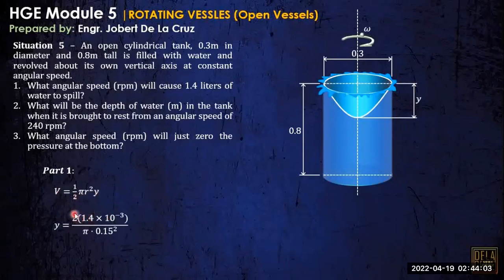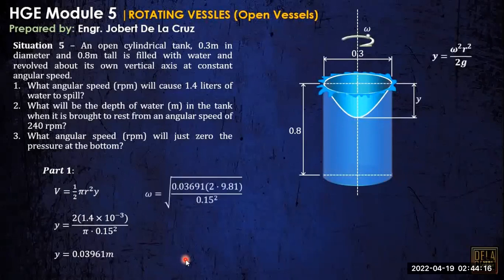So, that will be twice of the volume over pi r squared. And we have the value of y here. Now, after we have the value of y, we can calculate the omega or the angular rotation by this one. The same kanina. Just follow the values, then multiply by 30 over pi. Diretso na siya RPM.